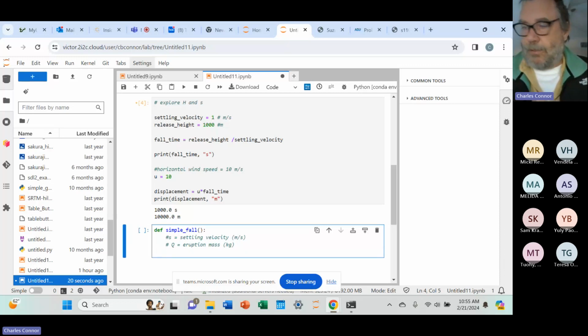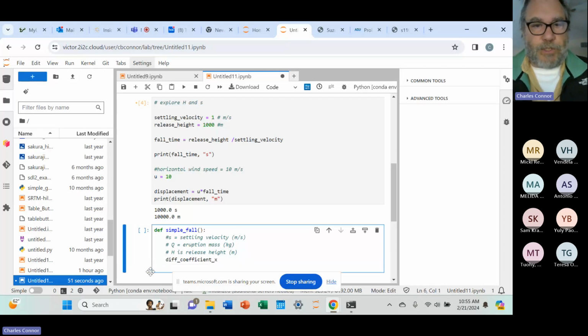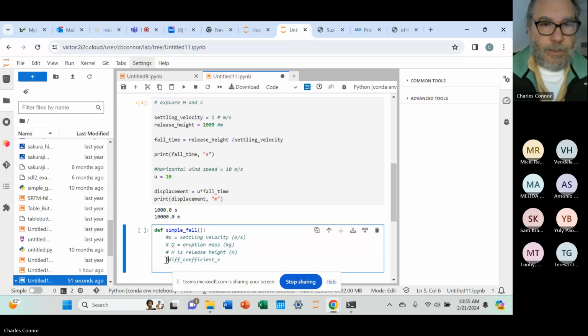What else do I need? I need the release height. That's where in the atmosphere above the volcano the particle is released. I need these diffusion coefficients. In the X direction, and I need the diffusion coefficient in the Y direction.